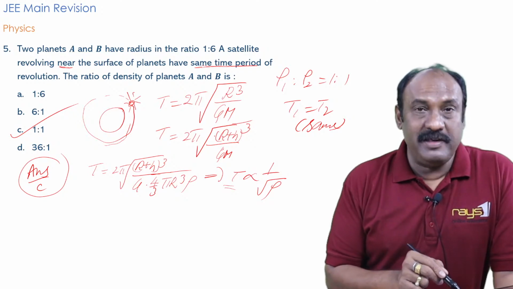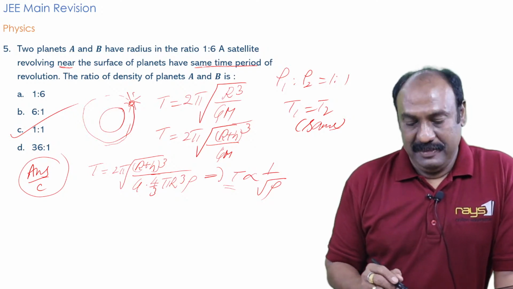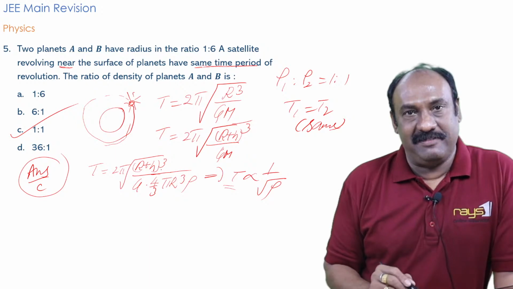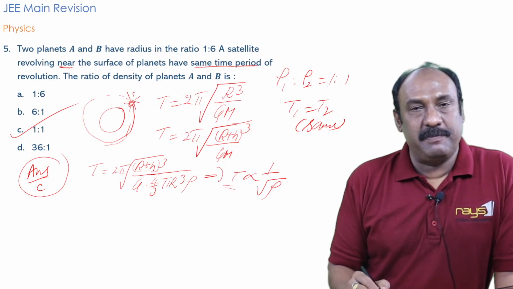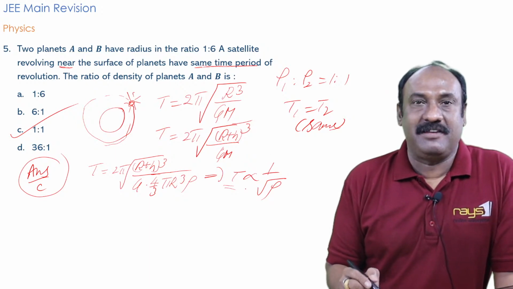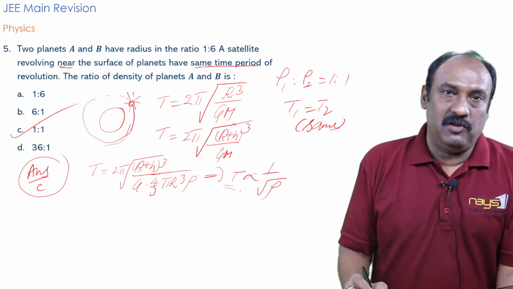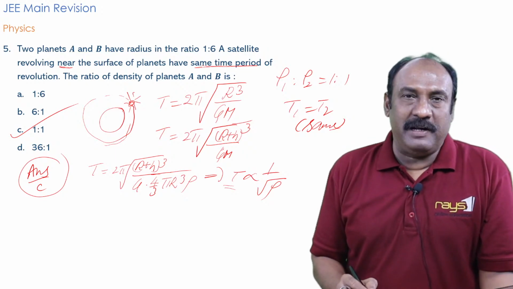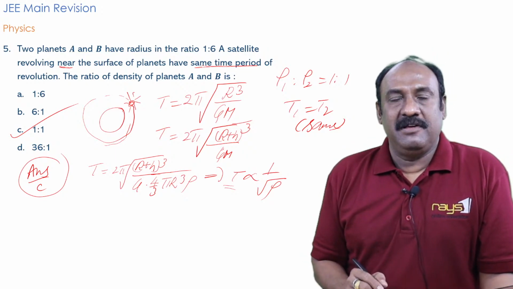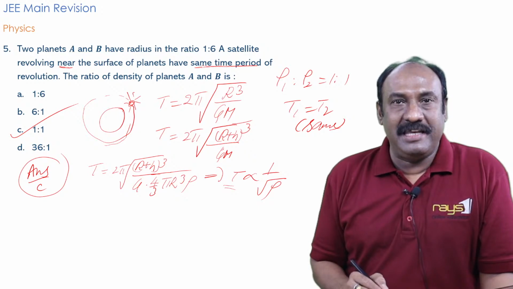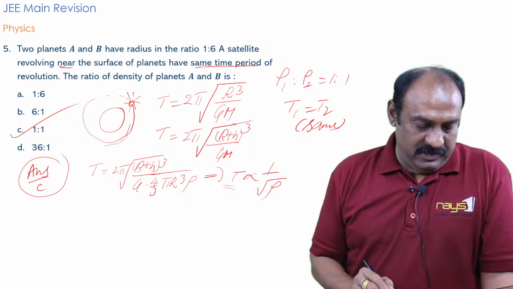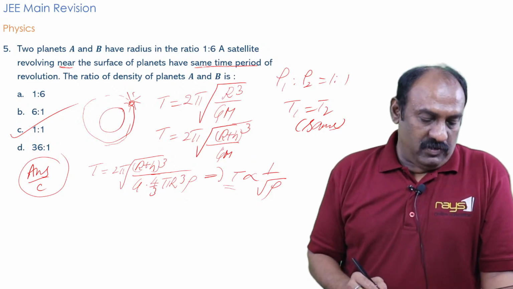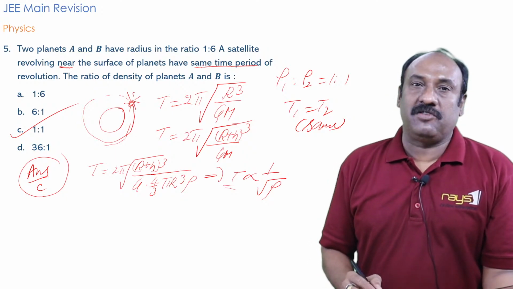But when it revolves very close to the surface of the planet, r cubed and r cubed get cancelled, and we get T inversely proportional to root of rho, the density of the respective planet. Here, for two satellites around the two planets, time periods are the same, so their densities are also equal according to given data. So answer is C for question number 5. Next question.